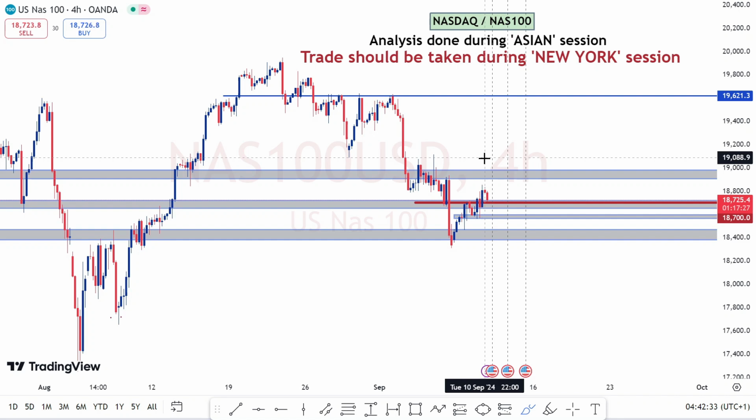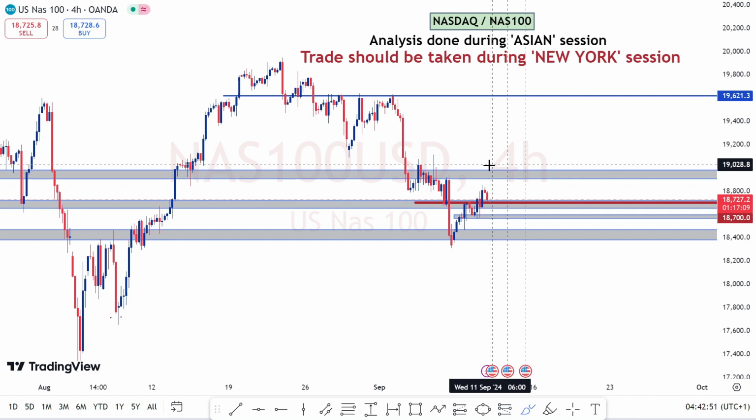I don't know whether you understand what I'm trying to imply. We are going to be expecting to scale in more and trail our stop loss more, to capitalize fully on the impulsive move upward. Enough for the talk, straight down to analysis.